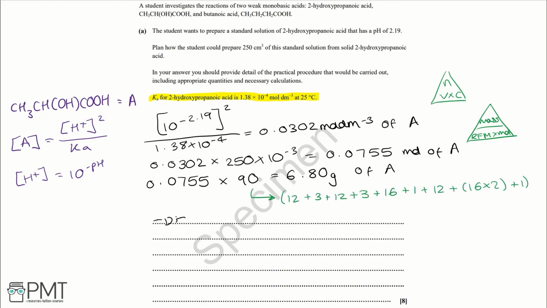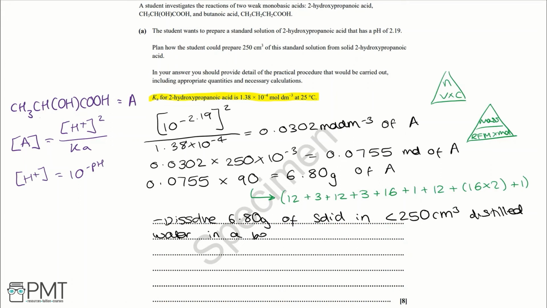So this part of the question where we're describing the method is just asking us to explain how you make a standard solution. So firstly, when making a standard solution, you dissolve your solid in less than 250 centimeters cubed of distilled water in a beaker, but we need to specify the mass of the solid we're using. So we're dissolving 6.80 grams of solid in less than 250 centimeters cubed of distilled water in a beaker.